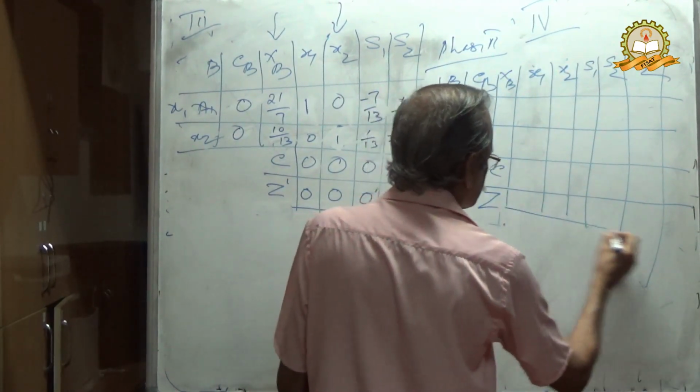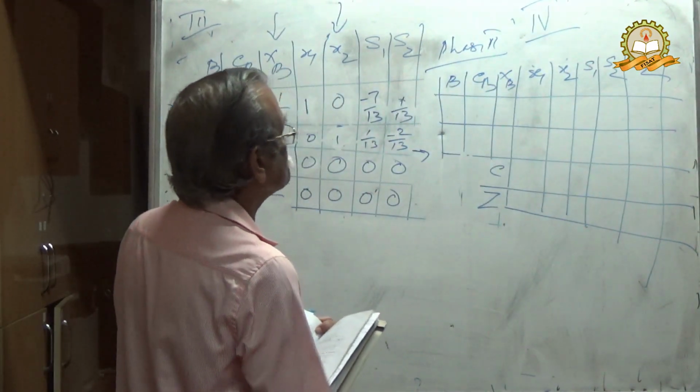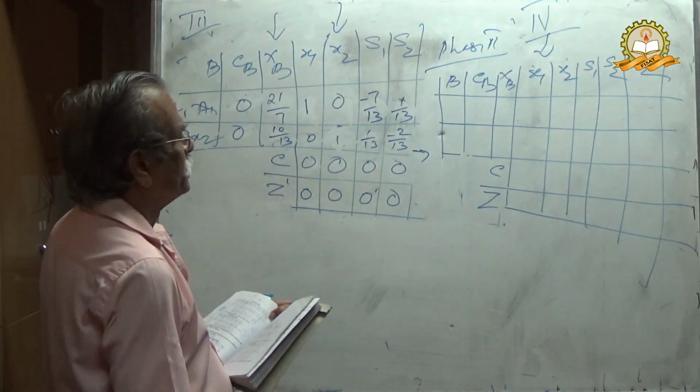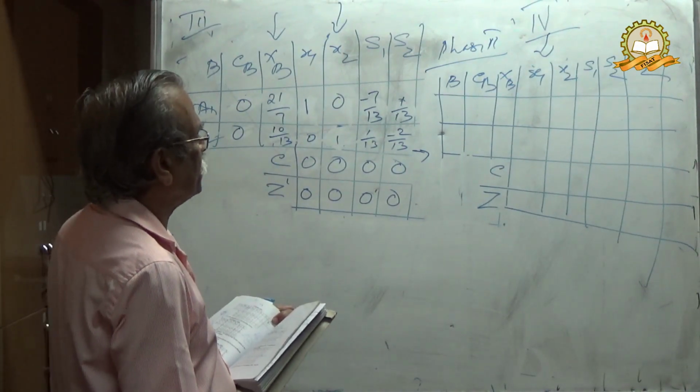This is your fourth table. You write the fourth table, phase 2.